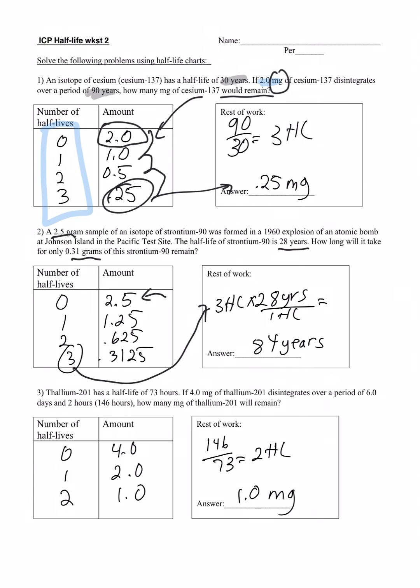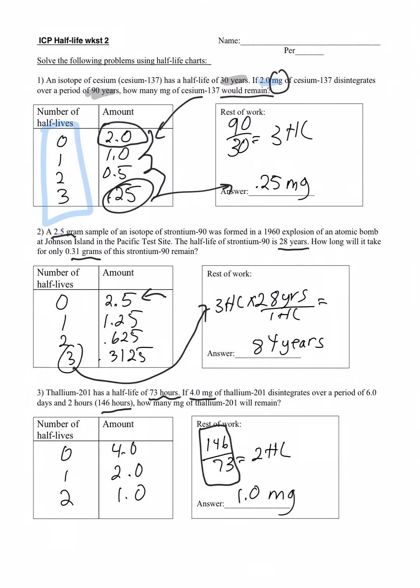All right, problem number 3, I see 73 hours, and I see 4.0 milligrams. And I see 146 hours. Now they told me here that's 146. I would have to figure out 6 days and 2 hours, 6 times 24, then add 2. I could figure that out myself, they didn't tell me. So the first thing I'm going to do is divide those, 146 over 73.